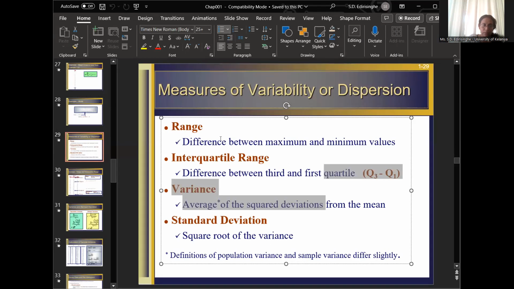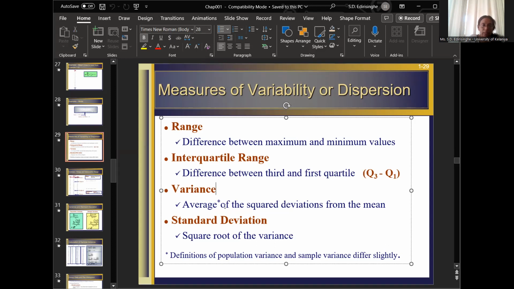And variance is the average of the squared deviations from the mean. And standard deviation is the square root of the variance. So you can remember these important measurements of variability, or dispersion, the measures of dispersion.